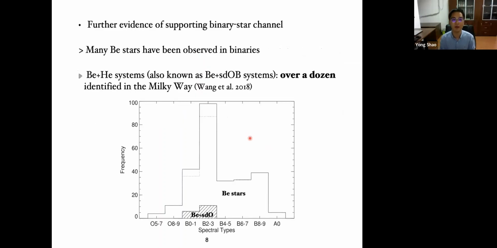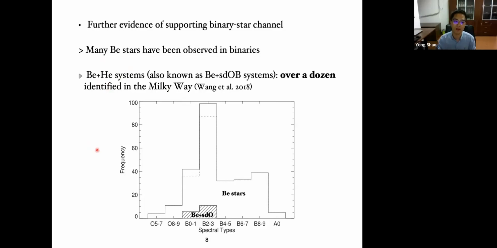Okay, next I will list some more evidence to support a binary star channel for Be star formation. Firstly, many Be stars have been observed in binaries. For Be plus hot subdwarf systems, they are also known as Be plus subdwarf OB star binaries.